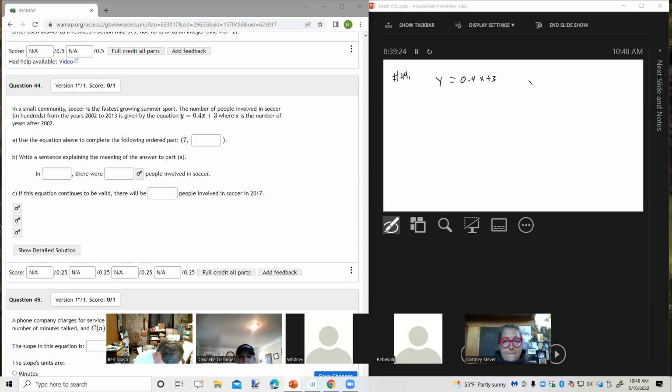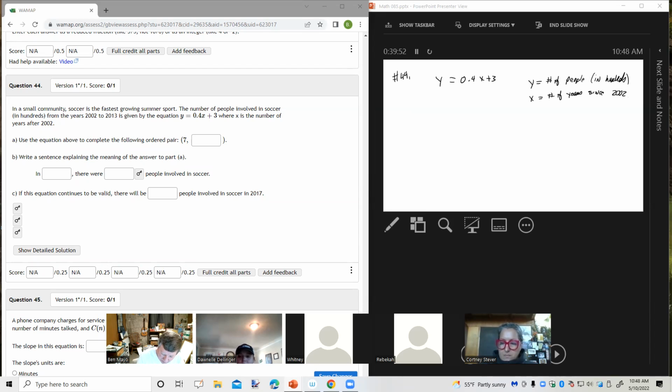Y equals number of people, but that's in hundreds. And x is number of years since 2002.